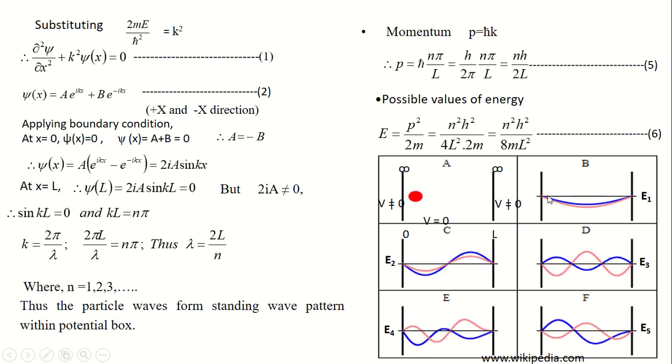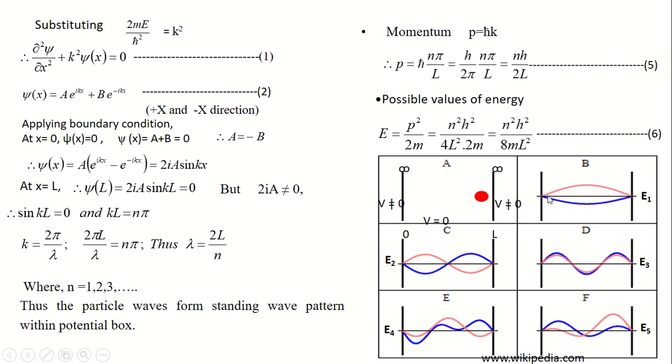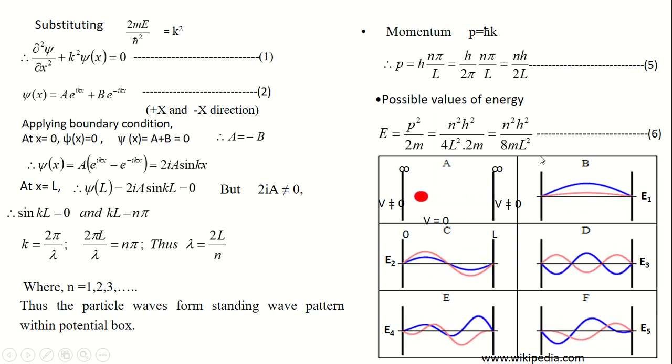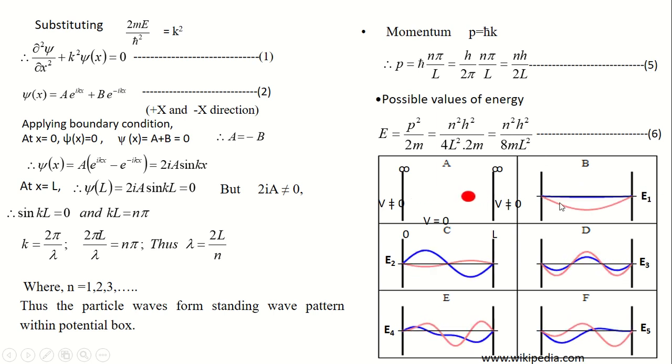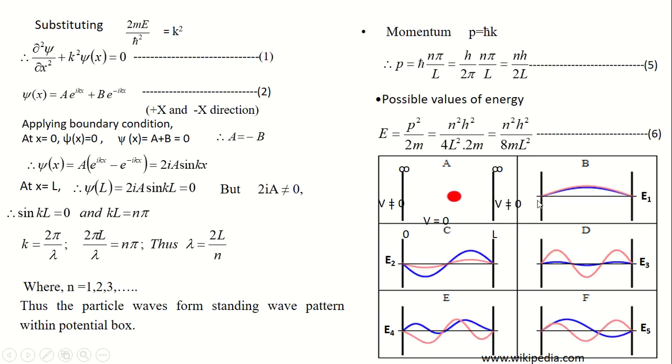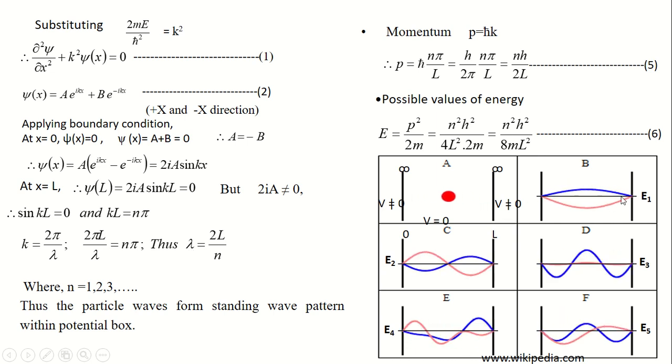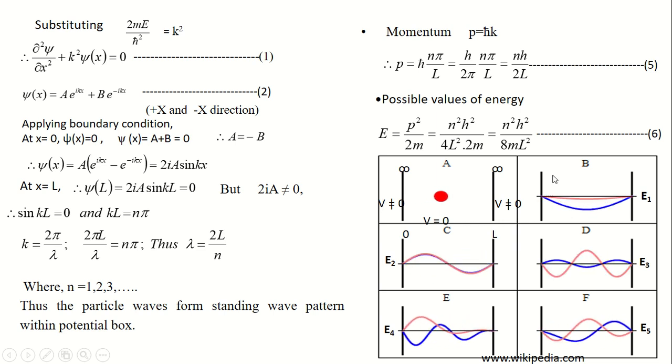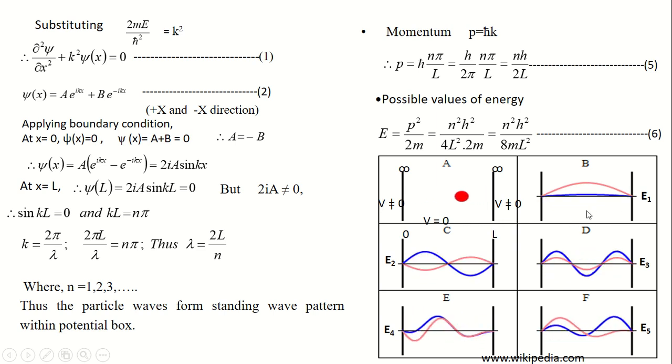Here when n is equal to 1, this is our energy E1, that is h square upon 8mL square. So when n is equal to 1, lambda is equal to 2L. So L is equal to half of lambda, and therefore again a standing wave, but half a wave.